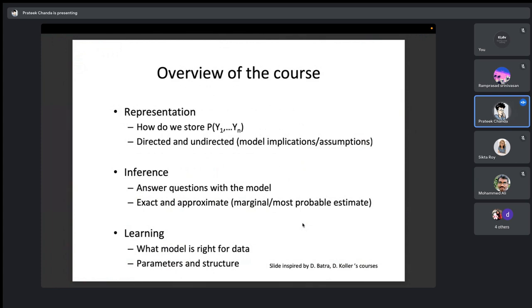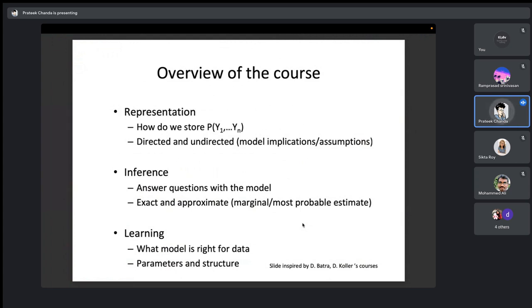In the case of undirected graphical models, we saw that the edge actually means correlation. So that's an assumption, and in many cases that's the assumption itself. There are other assumptions also, depending upon the application. The second part is inference, like the things we saw: answering questions with the model, or giving out an estimate, which can be exact or approximate.